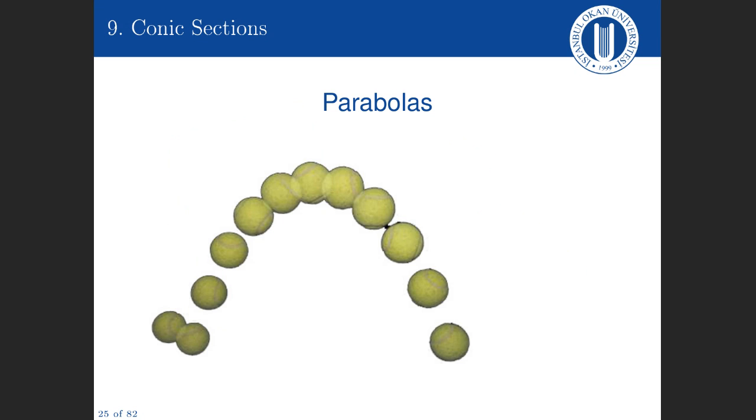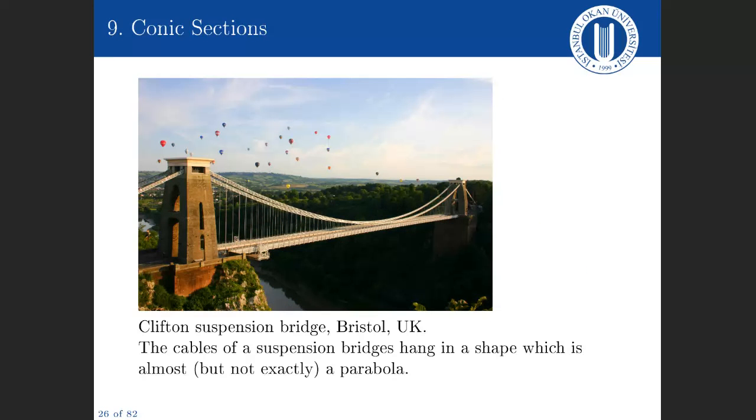For parabolas or parabolae, where do we see them? We might see them in the motion of a bouncing ball. If we look at a suspension bridge, we look at the curve that the ropes lie in. This curve is almost, not exactly, but almost a parabola. Why is it not exactly a parabola?